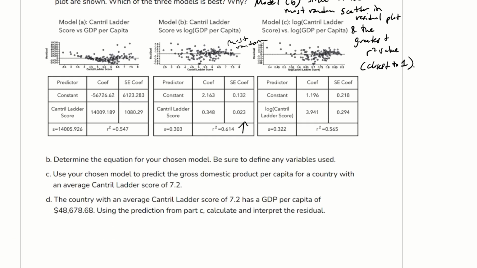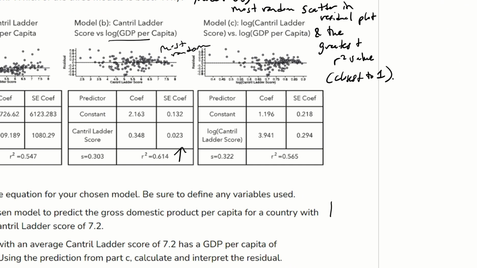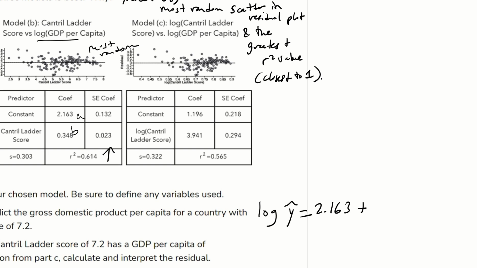Now look at part B. Determine the equation for your chosen model. Be sure to define any variables that you used. Now, since we used a log, we're using the log here. So we're going to say the log of y hat equals, this is my B, this is my A, 2.163 plus 0.348x.